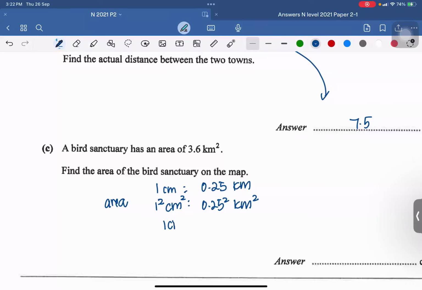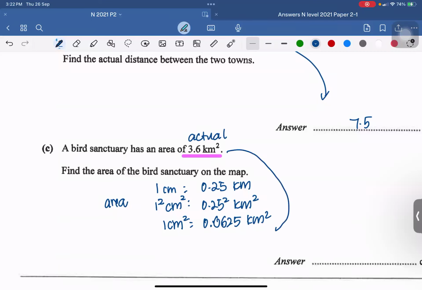So I get 1 cm squared, 0.25 squared, which is actually 0.0625 kilometer squared.